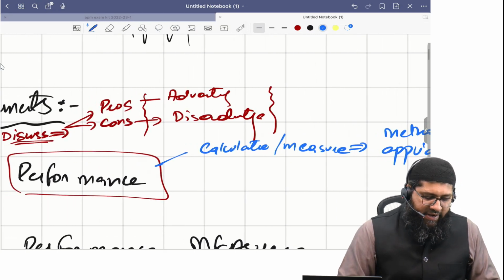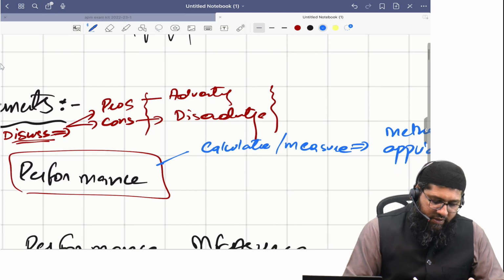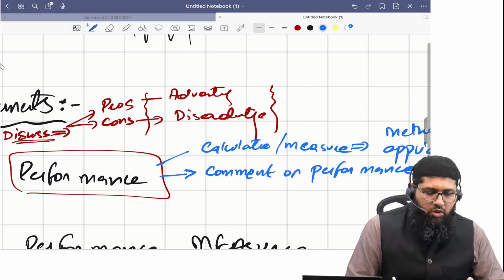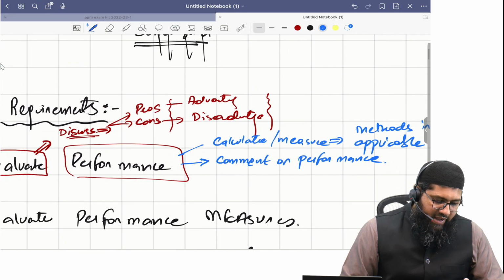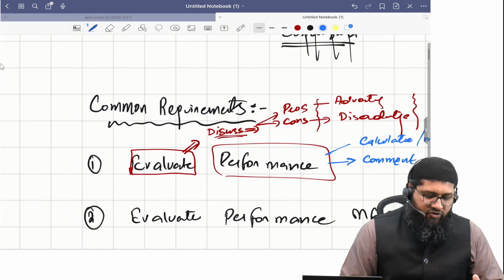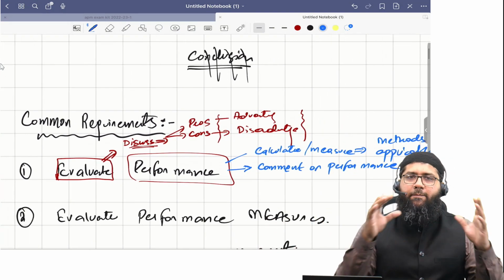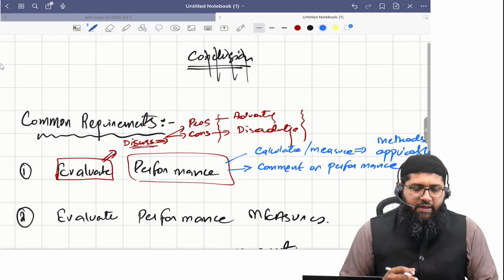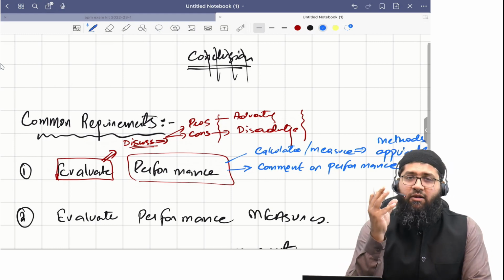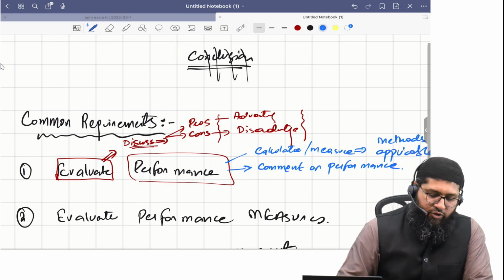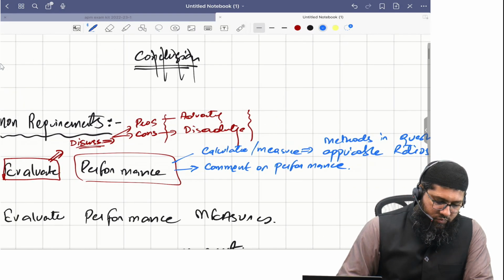So you would have to calculate or measure the performance, and then you would have to comment on the performance. So what do we mean by evaluating the performance? The concept of evaluation of performance is that the examiner is expecting you to calculate the performance and then to comment on whether that performance is good or bad. So that's what you have to do.